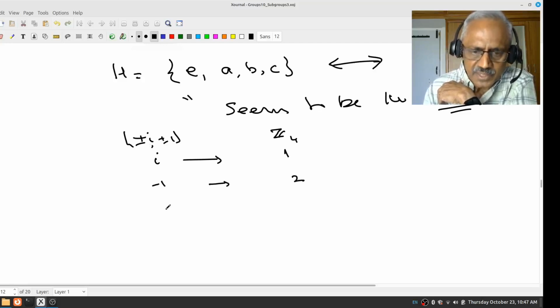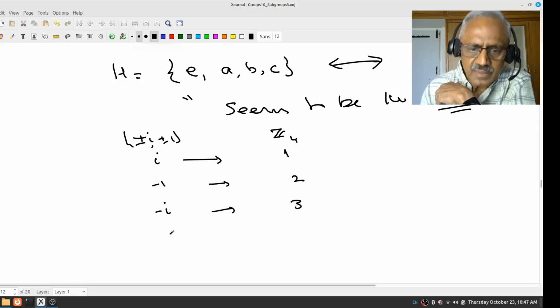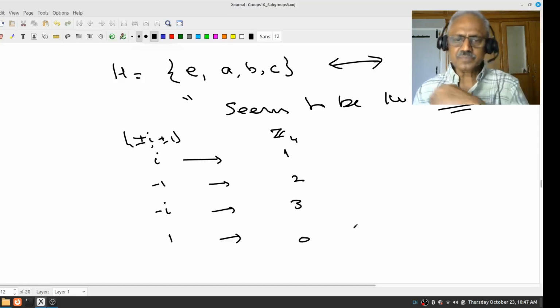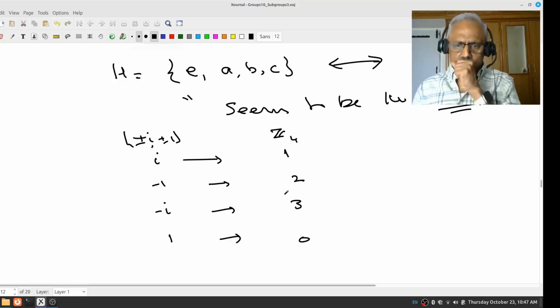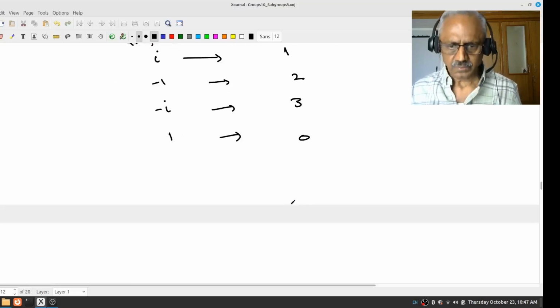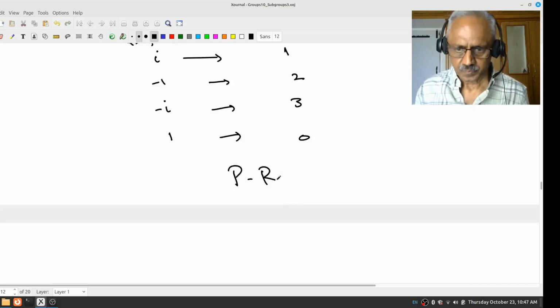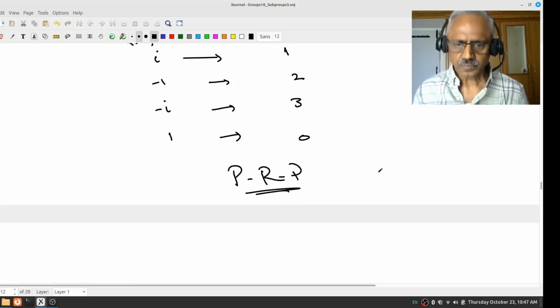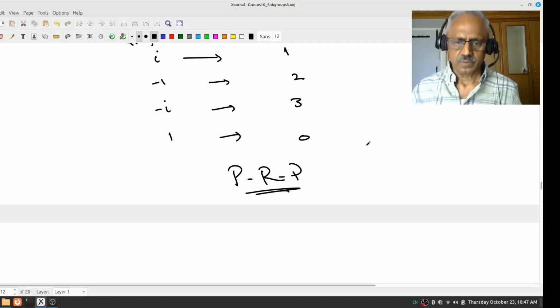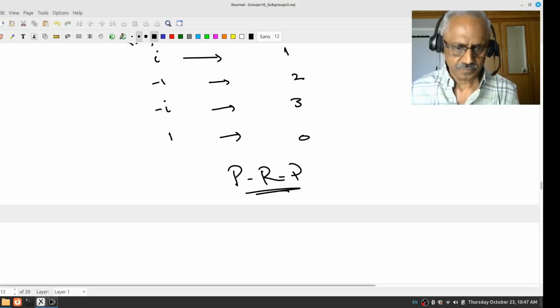Then i cubed is minus i, I'll send it to 3. And i to the power 4 is 1, that I will send to 0. So somehow they seem to be the same.